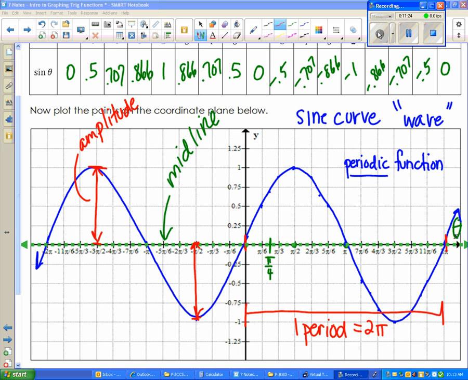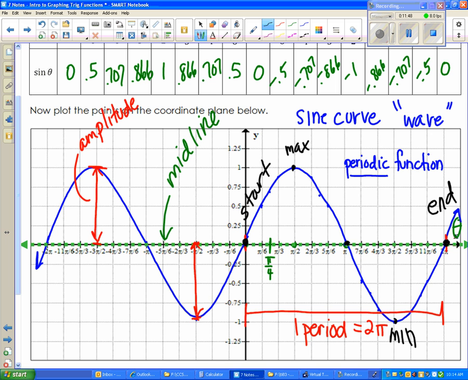Some important characteristics about the sine curve is that it starts, if I call this the starting spot, and ends in the middle. And it also crosses in the middle halfway. The pattern with the sine curve after it starts is it goes up to its max, and then it goes back down to its min.